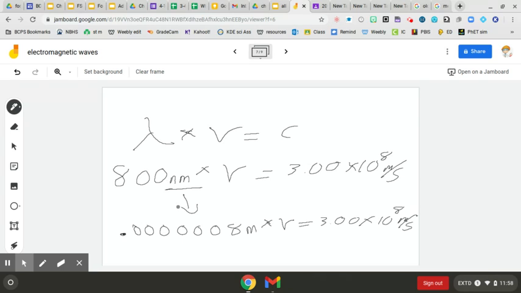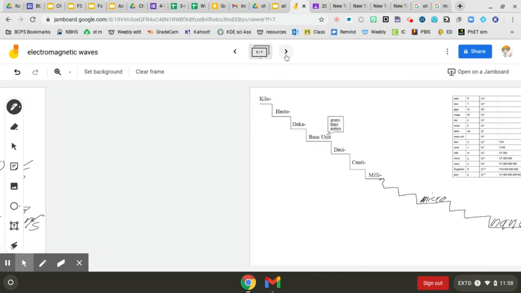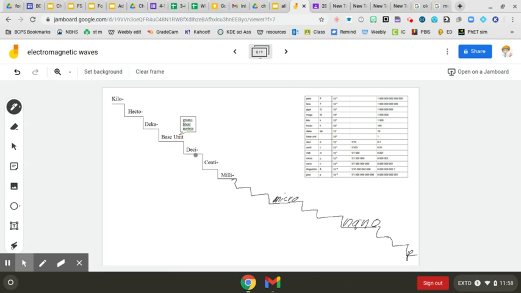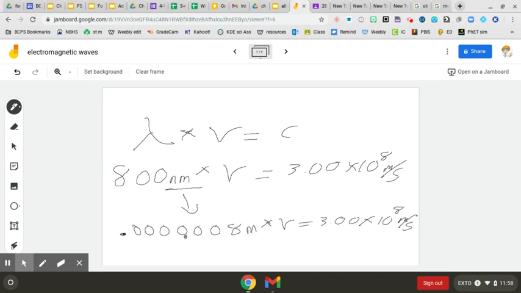To do that, you can remember our stair-step chart if you want. We went down from milli all the way to nano. So we're at nano and we're going back up 1, 2, 3, 4, 5, 6, 7, 8, 9 steps. And so we're going to move the decimal 9 places to the left, which is where we got this number.